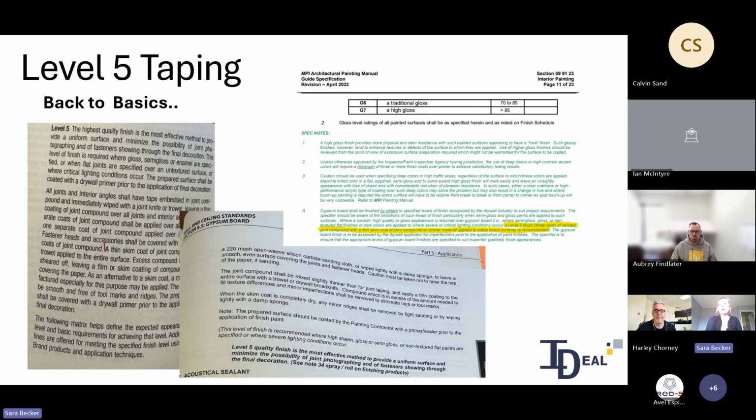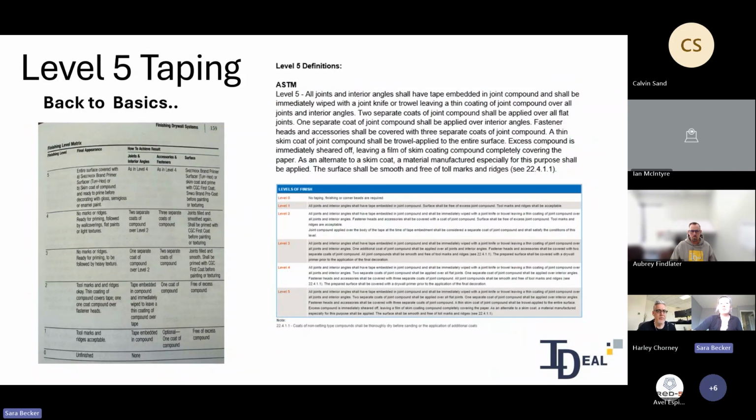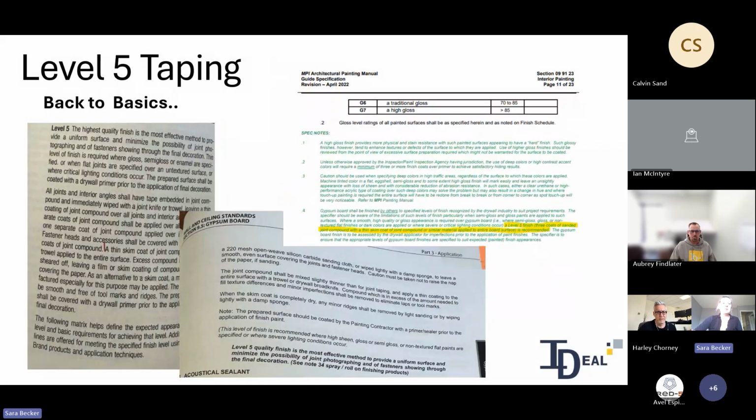Totally. Looking at this last slide and this one, we've got CGC on the left here. That's one of the manufacturers of the level 5 product. ASTM is kind of a standard across North America, if I'm quoting that right, Harley. Yeah, okay. And then I think there's more manufacturer information, and then MPI, and you're correct.